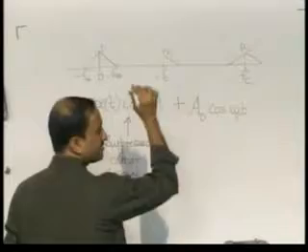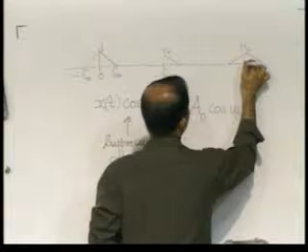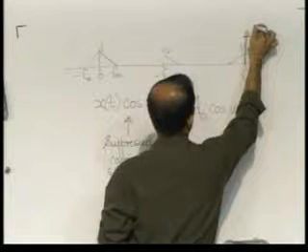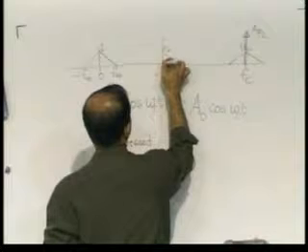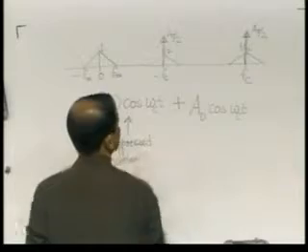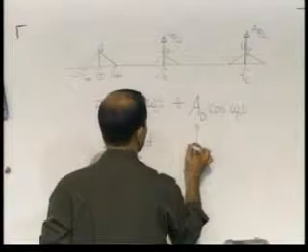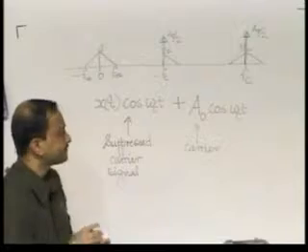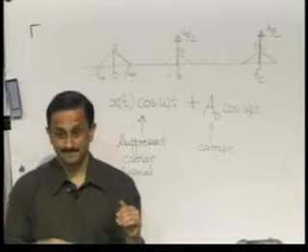We get two impulses now of strength A0 by 2 located at Fc and minus Fc. And now this is called the carrier signal.